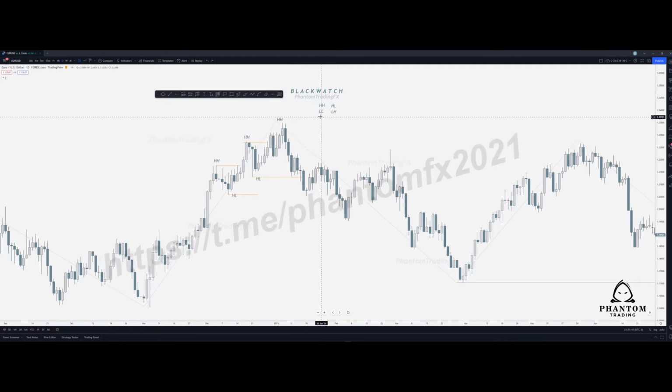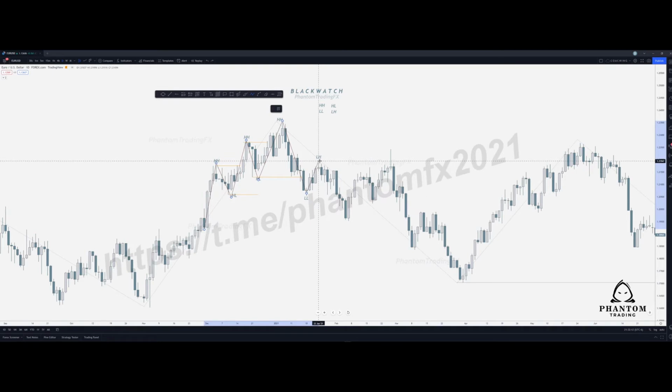All right, so we make the higher high and then we make a lower low. What happens after the higher low level breaks? Price gives a pullback, which leads us to a lower high, right? So now if we look at the way structure has been forming, we've had this higher high, and then we broke and closed below the previous higher low.